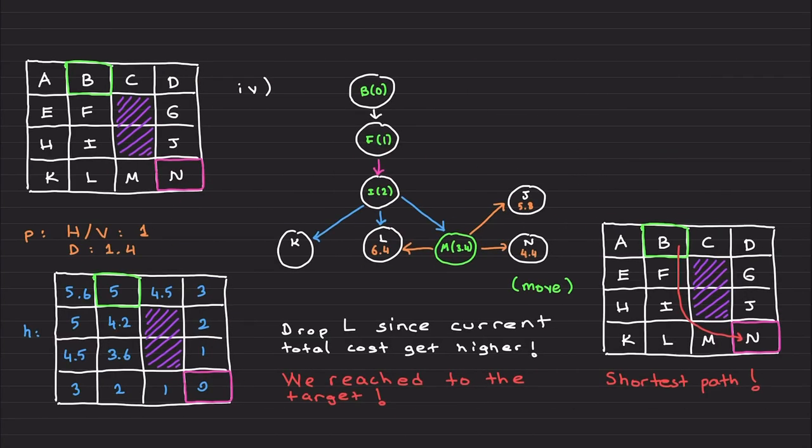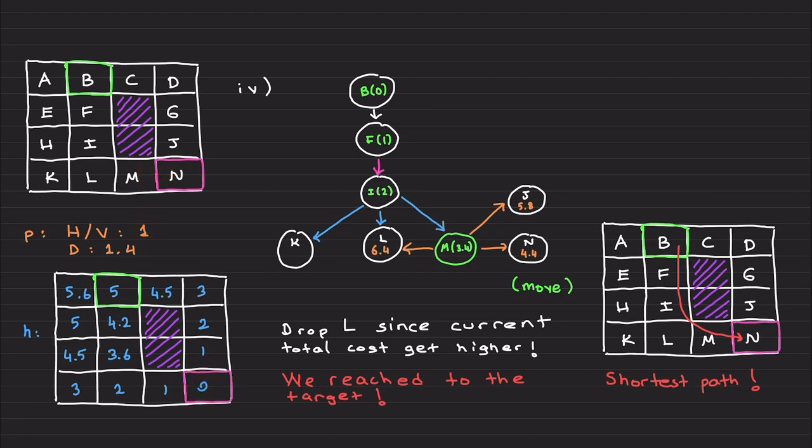Basically I go to the lowest cost. Now my total cost becomes 1, 2, and a diagonal move 1.4. My exact path cost is 3.4, and from here I am not going to repeat the same thing. The best decision is to explore J, N, and L, your neighbors. From your neighbors, the lowest cost will be N, which is 3.4 plus 1 plus 0, then you reach the target.